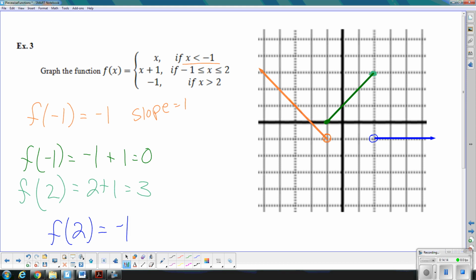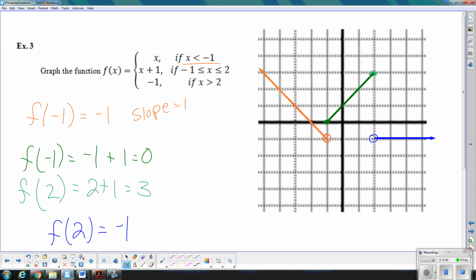Then for the second one, x plus 1, if x is greater than -1 and less than or equal to 2, that does include those points. So on the graph, you can see that when x is -1, y is 0, and that includes that point. This part of the graph includes that point. And when x is 2, y is 3.